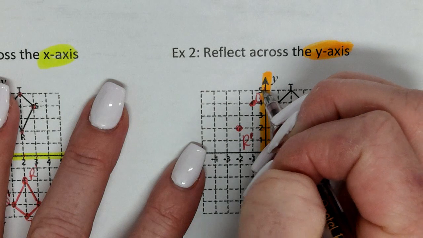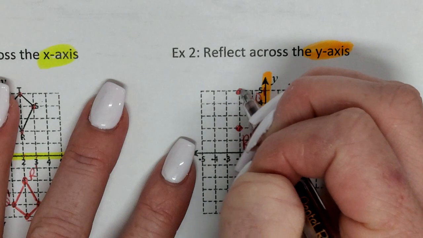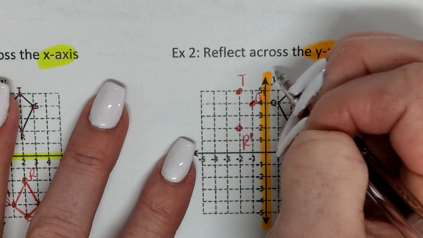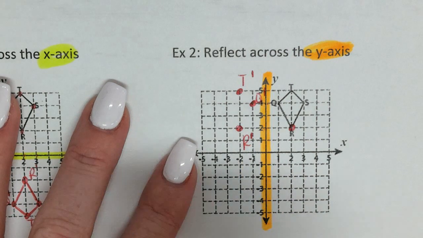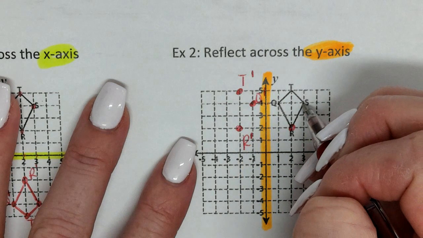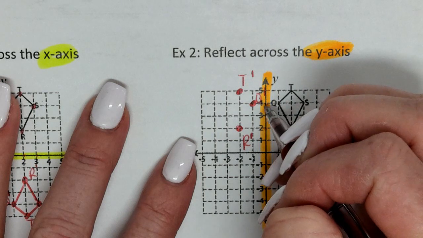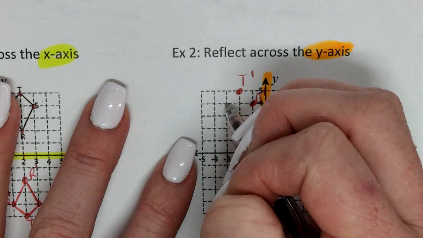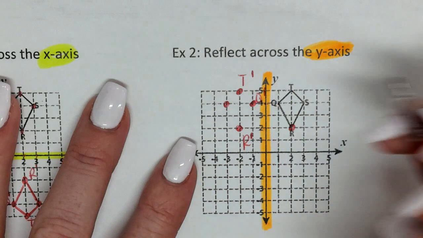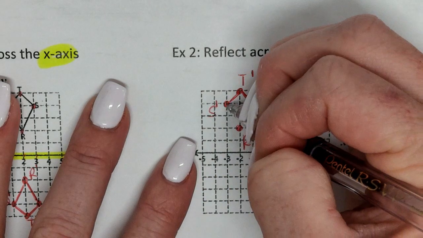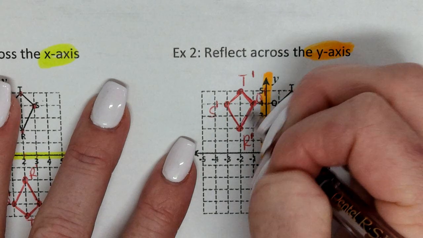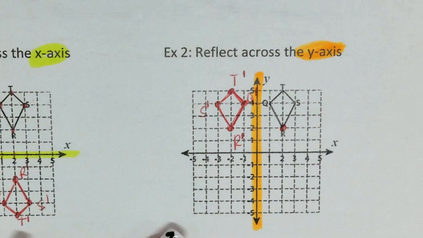So I'm going to go to the y-axis and go 2 to the left. This is my new T with a prime. And the last one is S. I am 3 to the right, so instead of 3 to the right, I'm going to be 3 to the left. And this is my new S with a prime. I draw my picture.